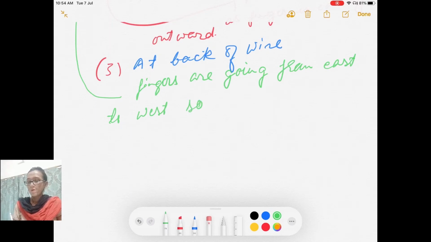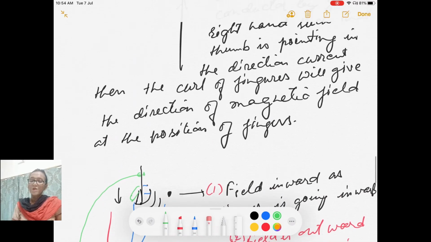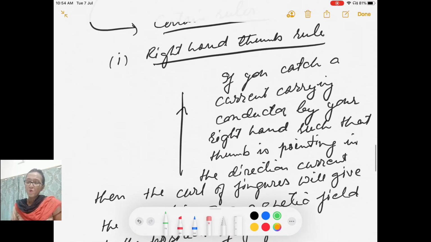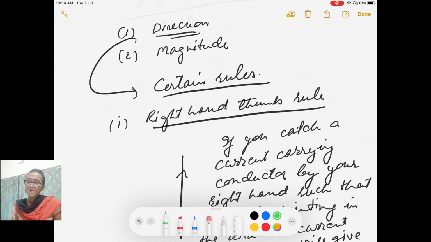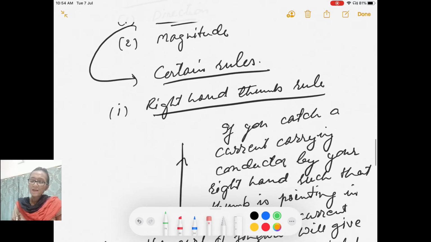So the field is directed from east to west. Now, this was one rule regarding direction of magnetic field.